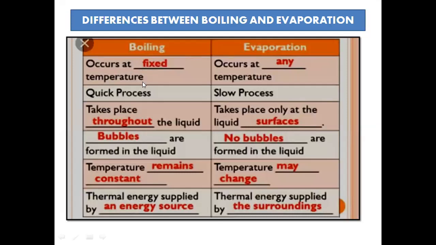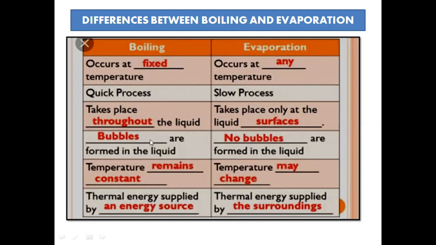Boiling occurs at a fixed temperature. The boiling point of the liquid is essential for the boiling process, whereas evaporation occurs at any temperature. It can also occur at room temperature. Boiling is a quick process, whereas evaporation is slow. Boiling takes place throughout the liquid, whereas evaporation takes place only at the surface of the liquid.